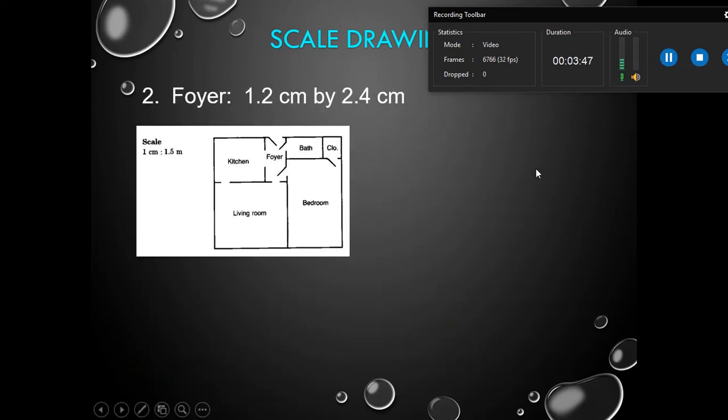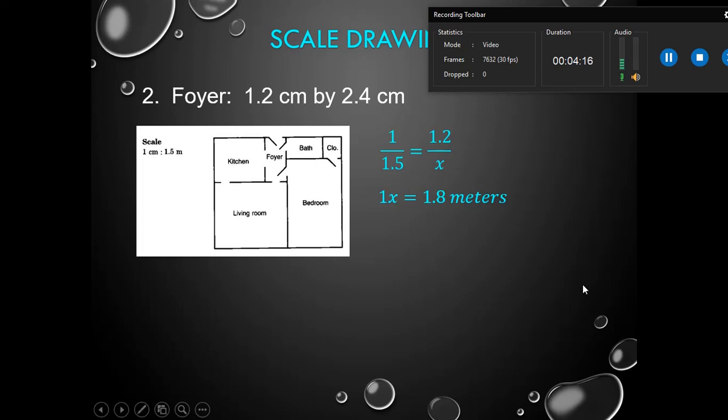All right, we're going to calculate now the actual dimensions of the foyer. So we're going to start with our first proportion. We're still using the scale factor of 1 centimeter to 1.5 meters. They're telling me on the drawing that 1.2 centimeters is one of the dimensions, the length or the width. So we'll put it over x. And when we cross multiply, we see that the actual dimension is 1.8 meters.